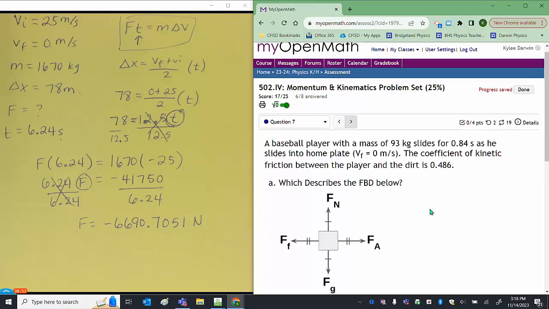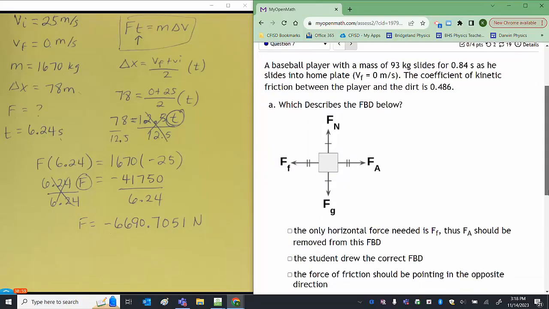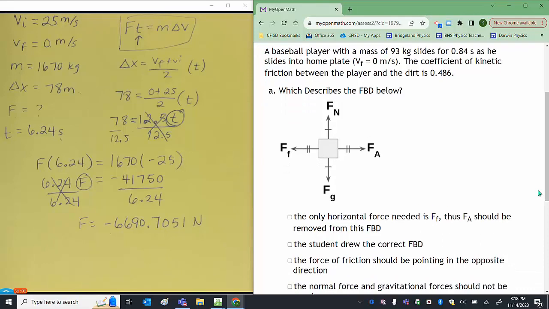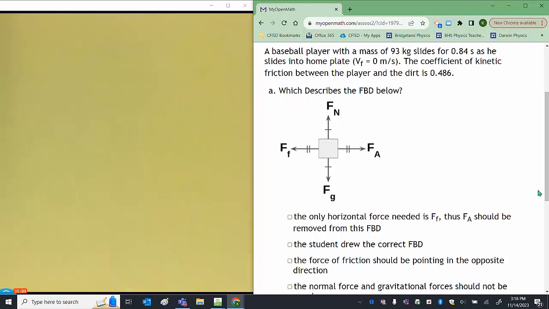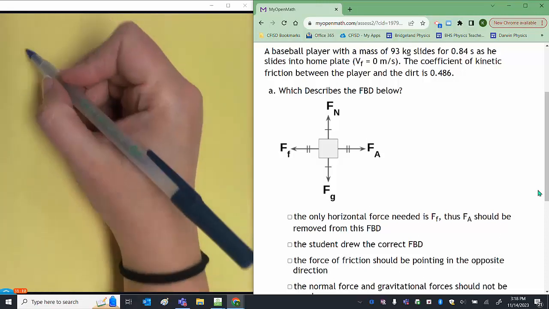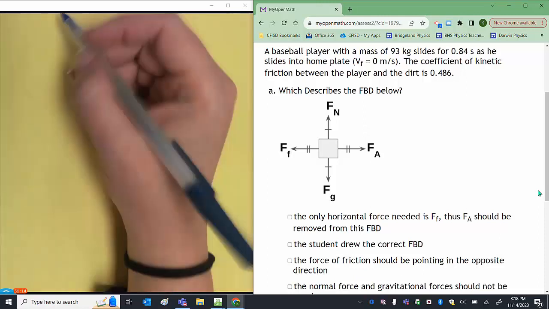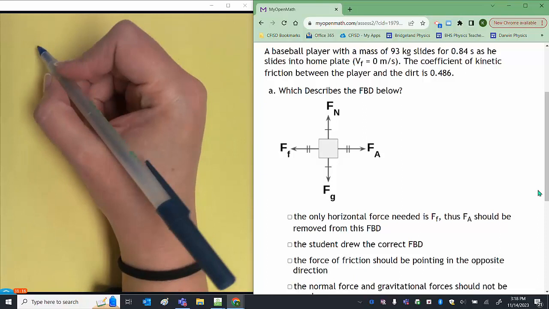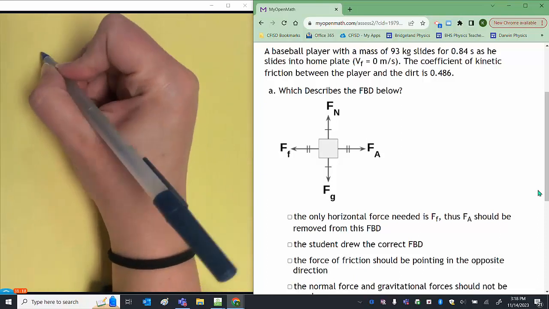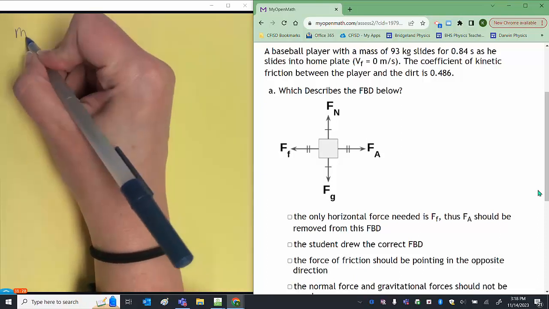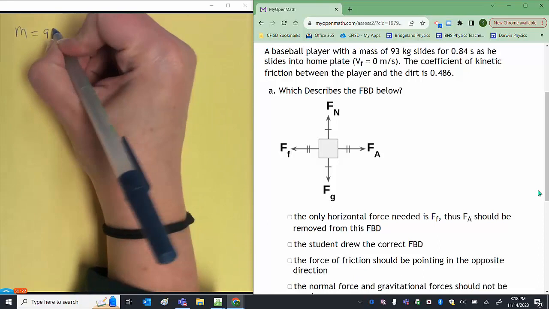Question number 7 says a baseball player with a mass of 93 kilograms slides for 0.84 seconds as he slides into home plate, where his final velocity is 0. The coefficient of friction between the player and the dirt is 0.486. So let's go ahead and label what we know. We know the mass is 93.